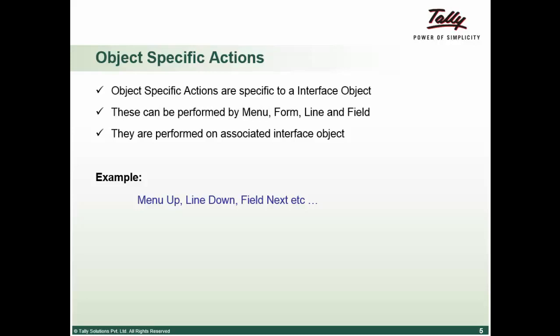Object-specific actions are at menu, form, line and field. Object-specific actions are performed on the relevant interface object only. So they can perform on the interface they are associated to. For example, line up, line down, menu down, field next, form accept, form reject.